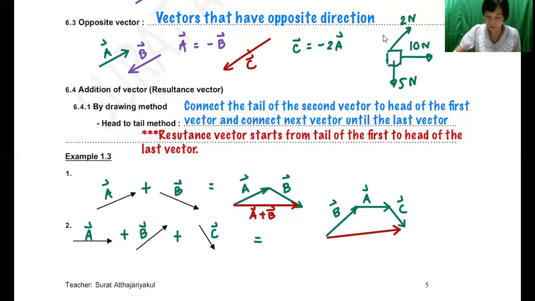Don't have the gap, okay? We should not have the gap between these two. But from my application, it will look like this one. It's okay. This is the resultant of vector B plus vector A plus vector C. Or sometimes we will write it as R. R means resultant vector. Okay.